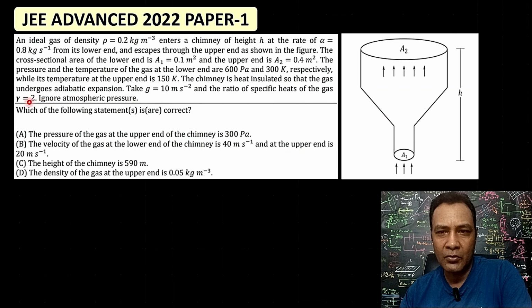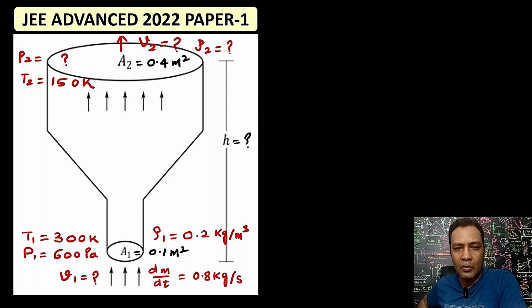Gamma for that process we have to take 2, and then we have to find so many things like pressure at the upper end, height, the velocities at the two ends, and the density at the upper end. So we have to find so many things. So everything is written here, whatever information is given and whatever information is asked, that is in question mark.